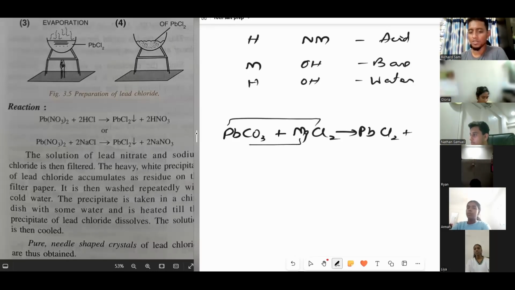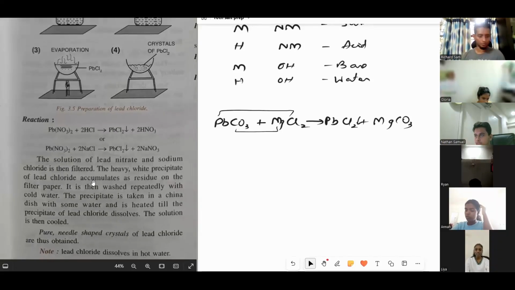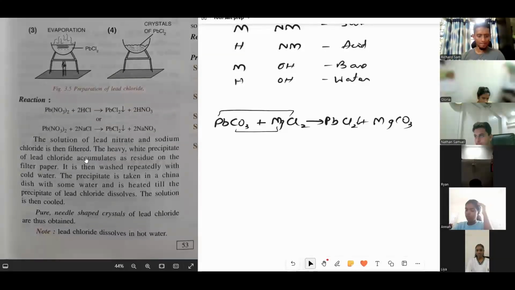And the Mg will join with CO3 to form MgCO3. Okay, this will form as a precipitate. You see, you can do this reaction anyhow. Just follow the rules and write a reaction. Okay.